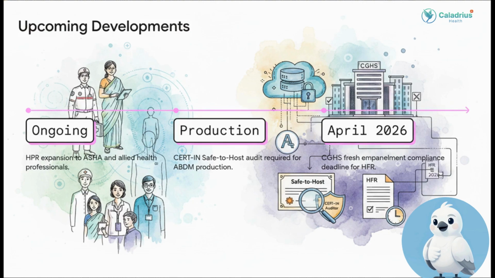Second, facilities moving their software to the ABDM production environment now require a safe-to-host certificate from a certain impaneled auditor. And third, highlighting a trend of growing institutional accountability, the CGHS has made HFR registration a mandatory prerequisite for fresh impanelment. They've noted that non-compliant facilities face automatic de-impanelment by April 2026.